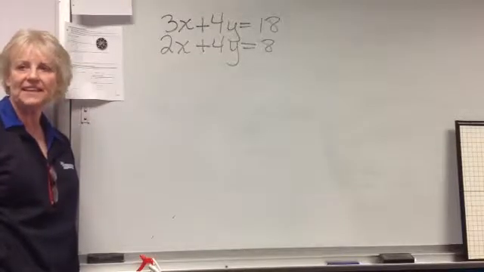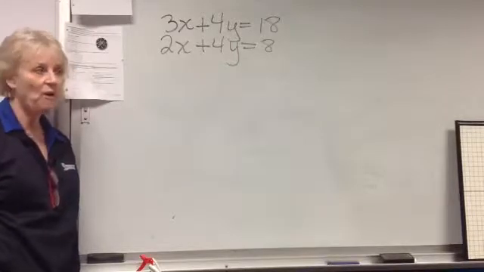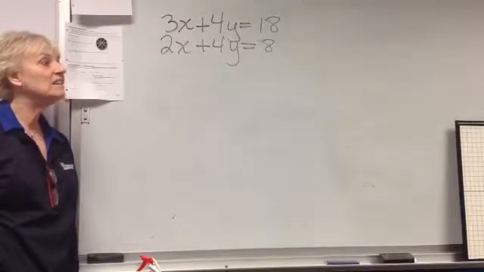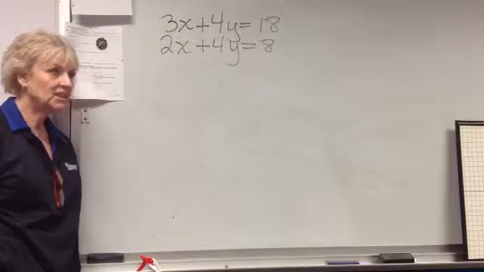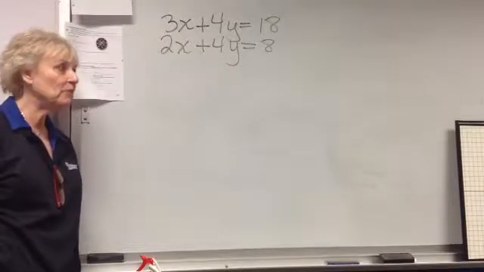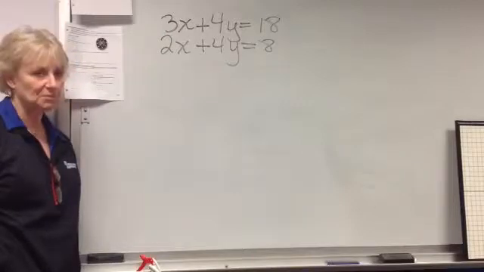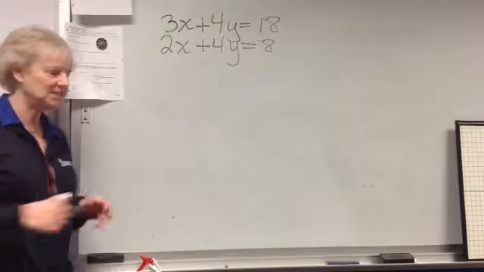Did I eliminate anything? Nope. What can I do? You can change either equation to all negatives. Multiply everything by negative 1. Now you could subtract. And I don't teach subtraction for this reason.